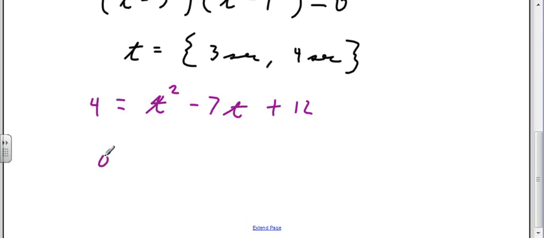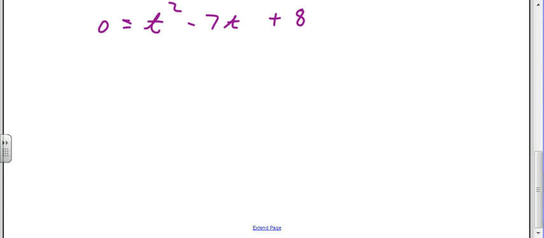Okay, so 0 is equal to t squared minus 7t plus 8. That's not going to factor, is it? Bummer. Ben's telling me it doesn't factor, so it's not going to factor. Okay, so I can't factor it.